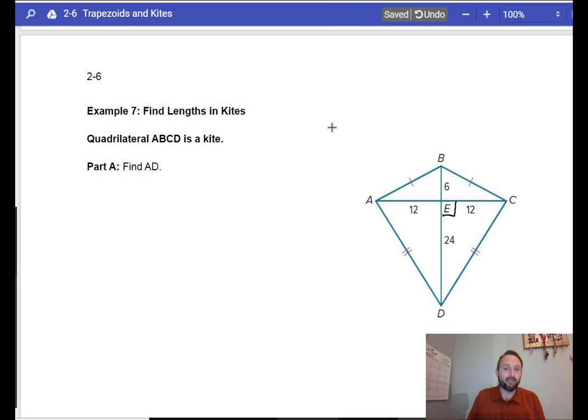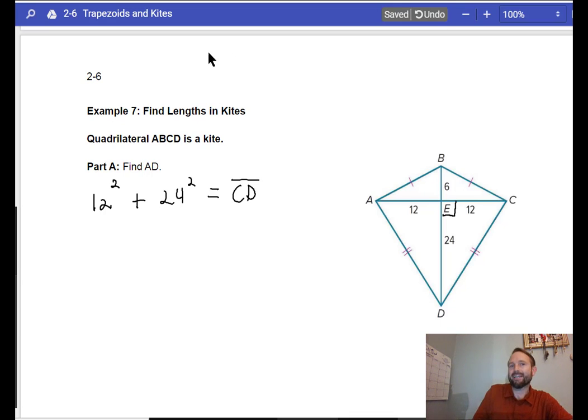So I know that this is a right triangle, and we can use the Pythagorean theorem. It's going to be 12 squared plus 24 squared is equal to CD, which is the same as AD.